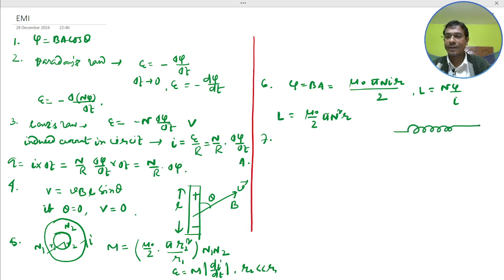This is a solenoid of length L, with current I and radius R. Here L would be mu naught mu R pi R square N square L, and the induced EMF here, epsilon, would be L di by dt, mod value.